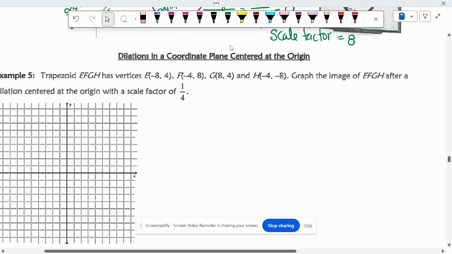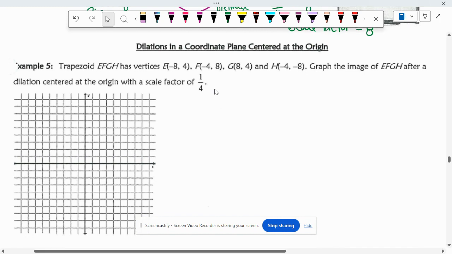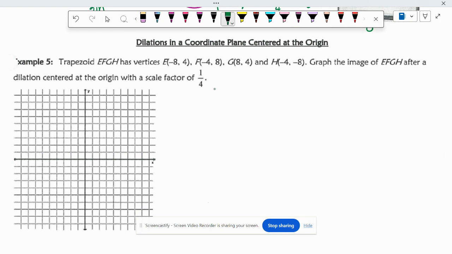Dilations in the coordinate plane. So when we do dilations in the coordinate plane, they're always going to be centered at the origin. So the first thing that I want you to do is graph your original image, trapezoid EFGH. Make sure you plot your points once you get them on there.